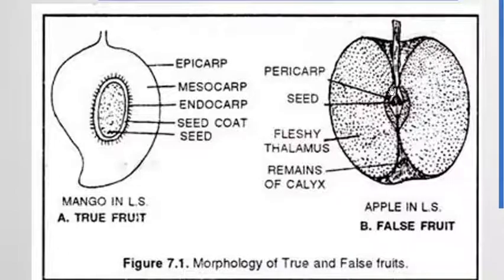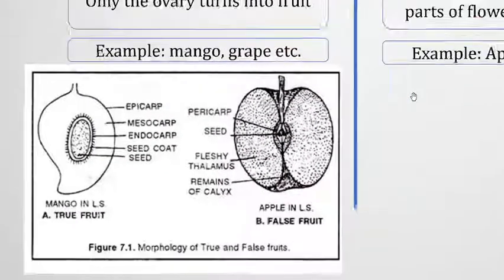That is why in the apple the total fruit comes from the ovary as well as other parts of the flower. That is why apple is considered a false fruit.